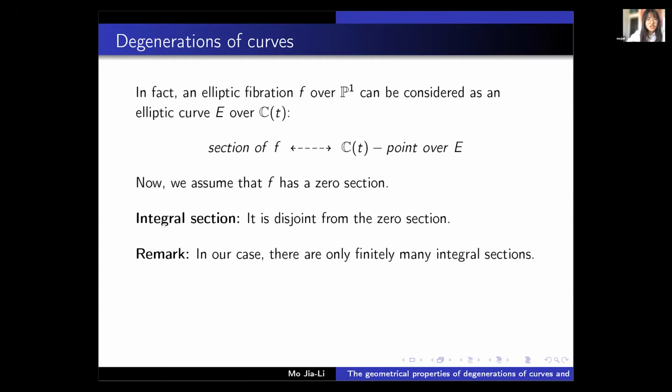Since the integral section is very important, we give its definition: it is disjoint from the zero section. Here, in particular, is a remark: in our case, there are only finitely many integral sections.